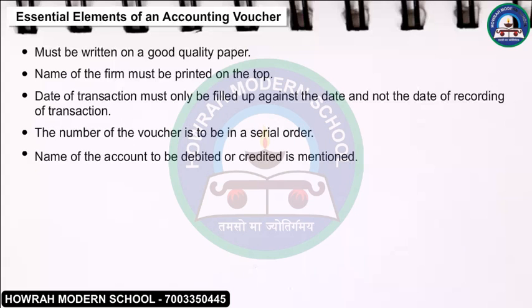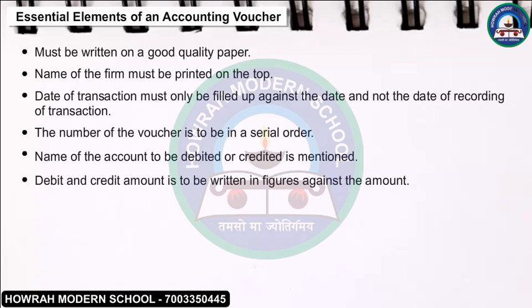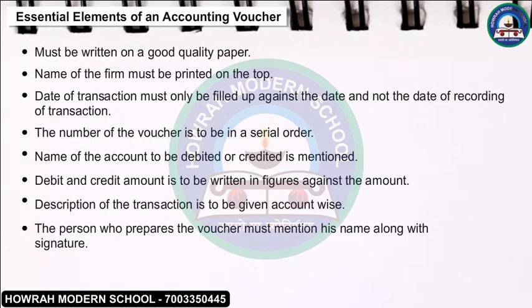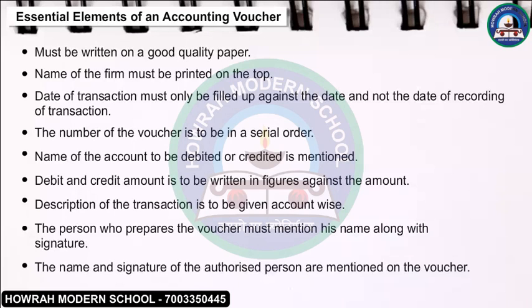Name of the account to be debited or credited is mentioned. Debit and credit amount is to be written in figures against the amount. Description of the transaction is to be given account-wise. The person who prepares the voucher must mention his name along with signature, and the name and signature of the authorized person are mentioned on the voucher.